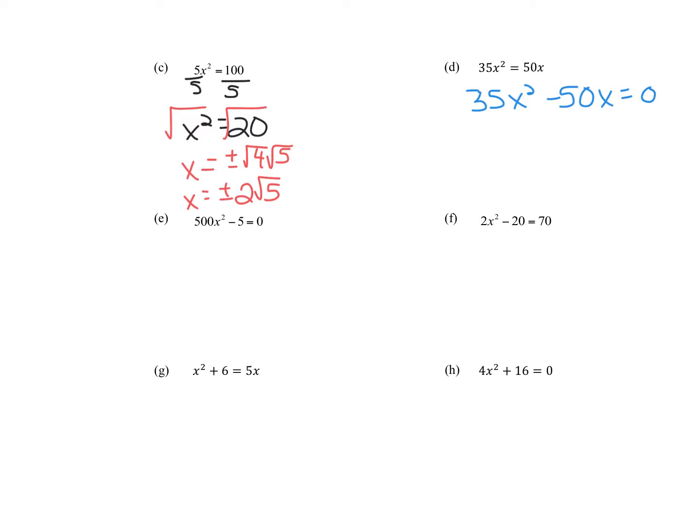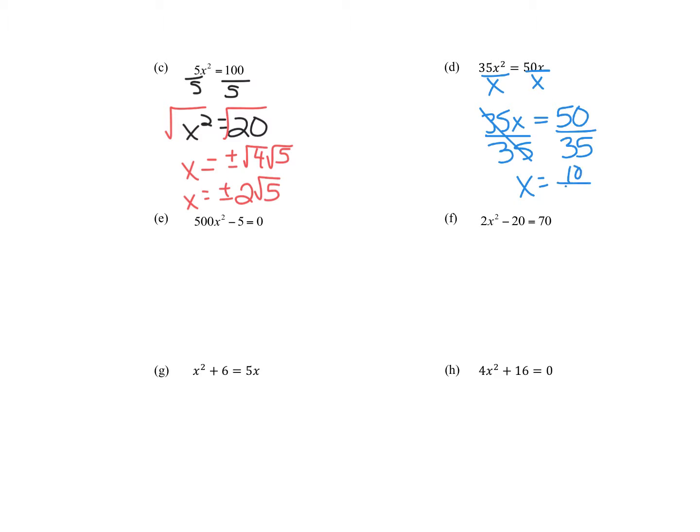Now, a common mistake on this one that you want to watch out for, people can say, oh, well, I could just divide by x, right? And it kind of seems like it would work. Like if I divided by x on both sides, I would get 35x equals 50. And then I would get this fraction, which is 10 over 7.